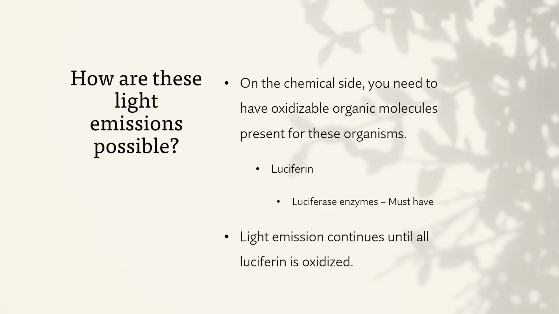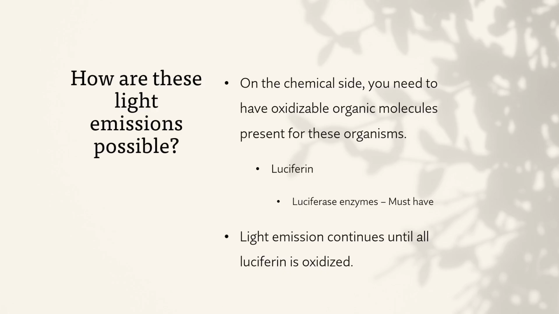All right, a little more on the emission of light before we get into our fun activity for today. We're almost done with the PowerPoint and note side of things. So how are these light emissions really even possible? Well, we have to think chemistry and look at it from a chemical standpoint. On the chemical side, this is an oxidation reaction.